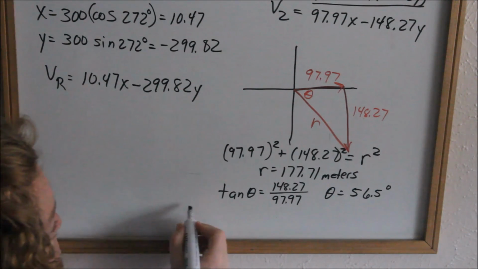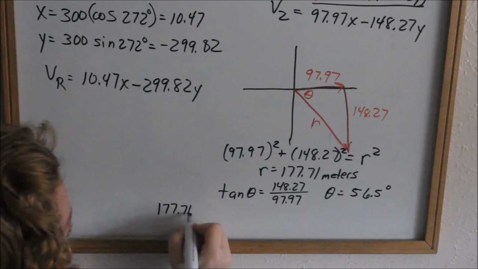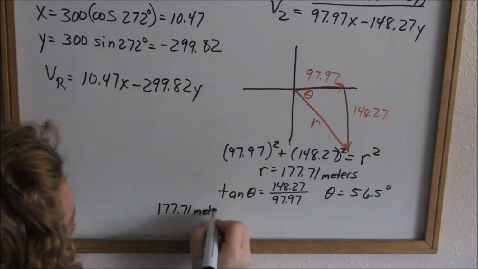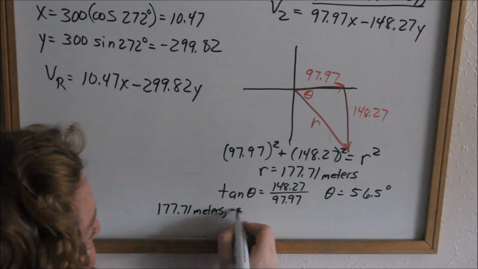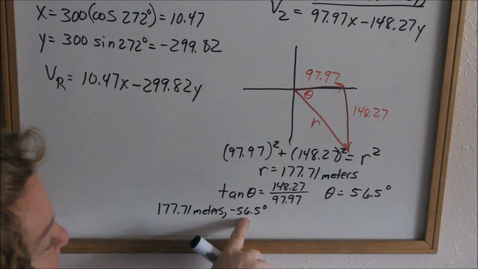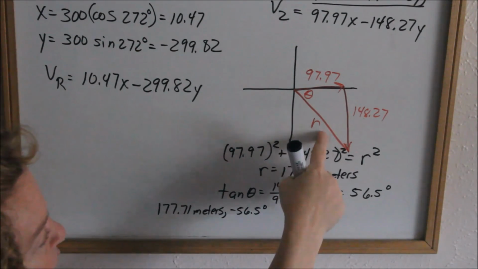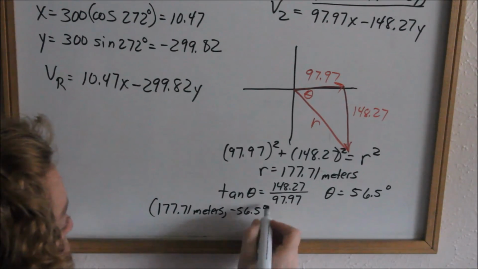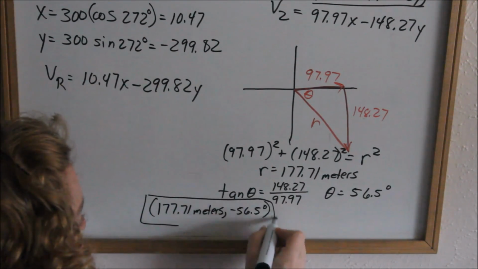Either I can say my r, the length of it, is 177.71, and then I can say negative 56.5 degrees, because starting at 0 and going in a clockwise direction, that will put me at where this line is. Okay, so that's one way to say the answer.